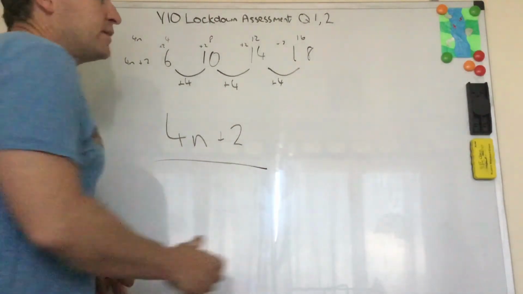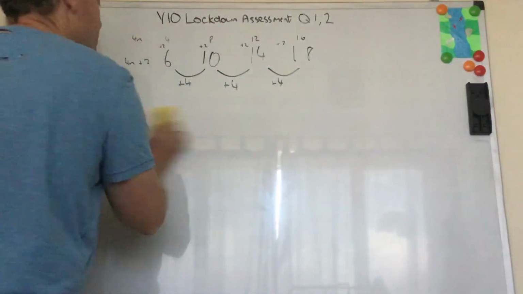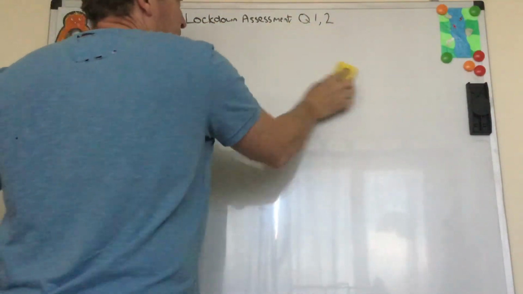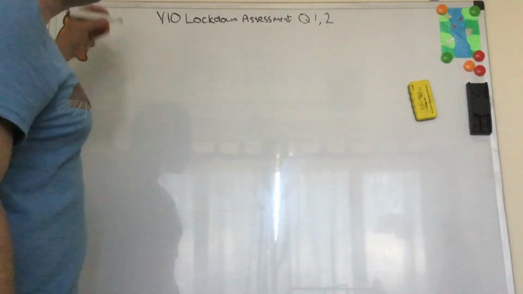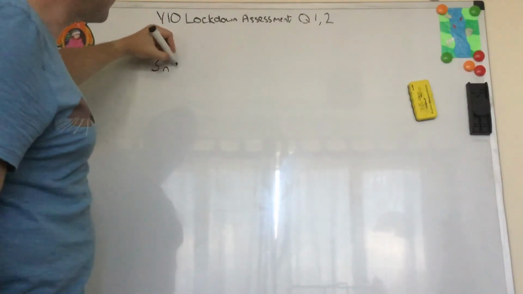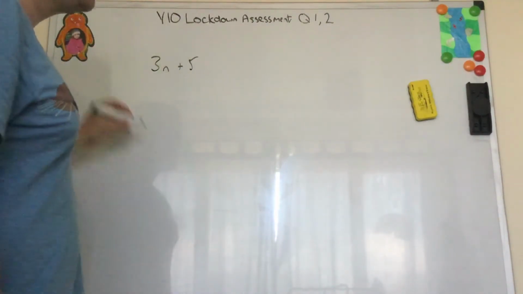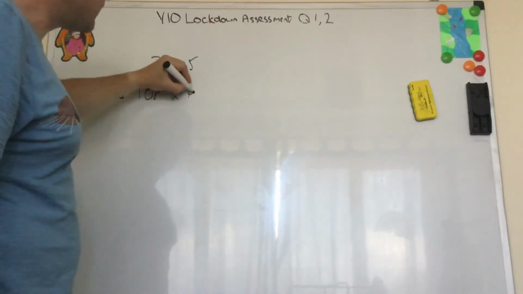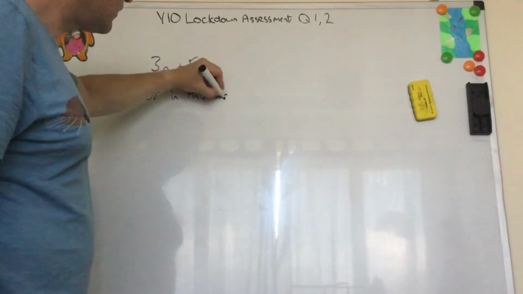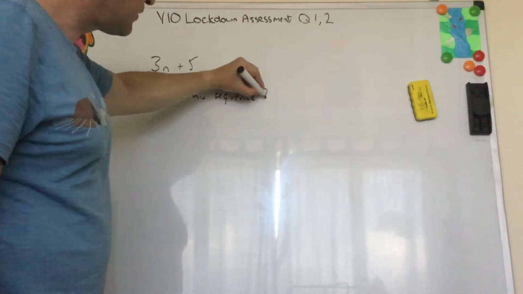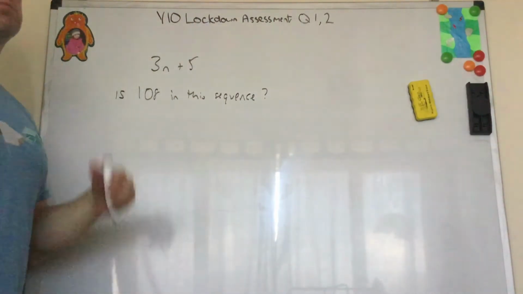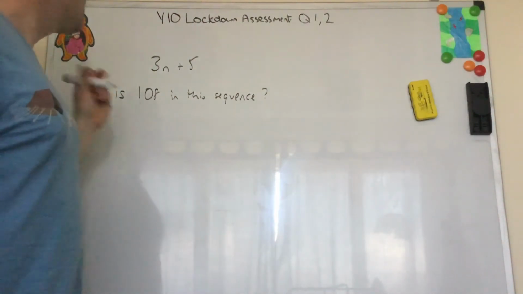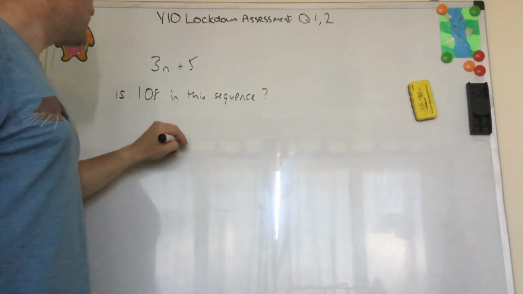Okay. Right, part B, slightly different. It gives us the nth term of a formula, and it says it's 3n plus 5. And then it says, is 108 in this sequence? Numerous ways you can do this, but you need to be completely clear on it. What I did is said, well, let's pretend it is.